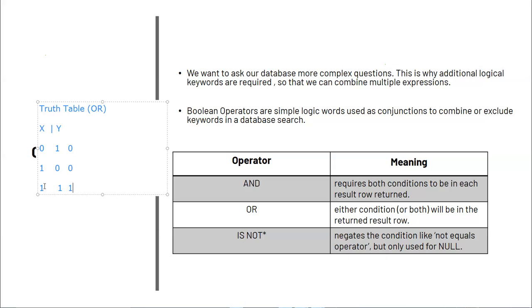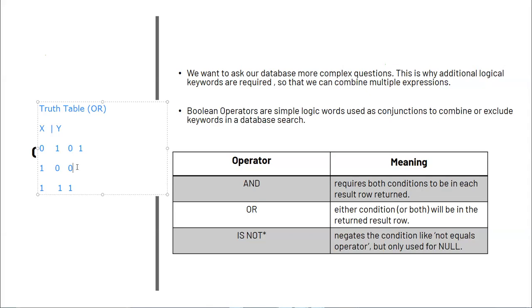It's not the same for the OR. Either condition can be true for the OR. Okay, this is AND, I wrote OR. This is for AND, and I'm using it for OR now. So for OR, either has to be true. If this is 0 and 1, this will be 1.